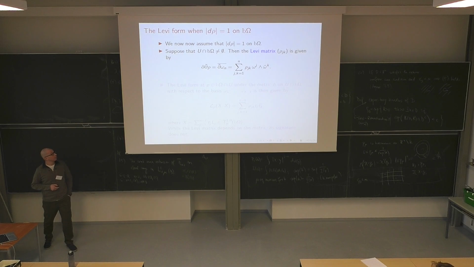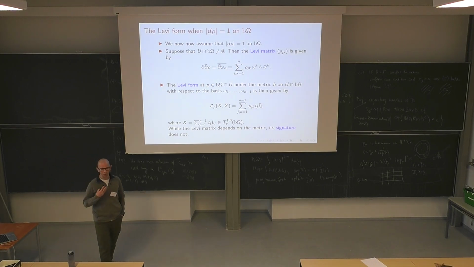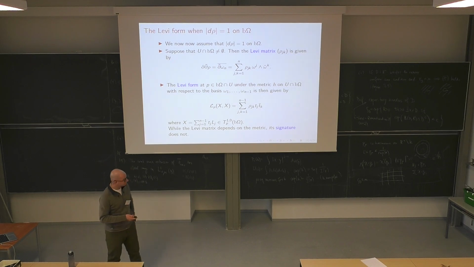In this case, we can write down the Levi matrix, so ∂∂̄ρ, because the length of the gradient is 1 on the boundary, this is just the conjugate of ∂̄ω_n, and this gives us the ρ_{jk}'s. In this notation, the Levi form can be written in terms of components of the Levi matrix. And while the Levi matrix depends on the metric, its signature does not. This is a point that I'm coming back to repeatedly.